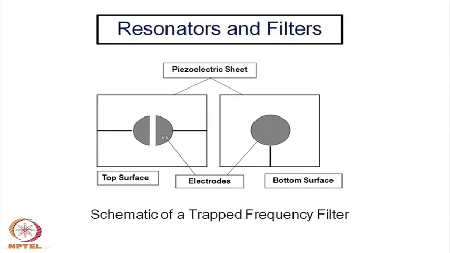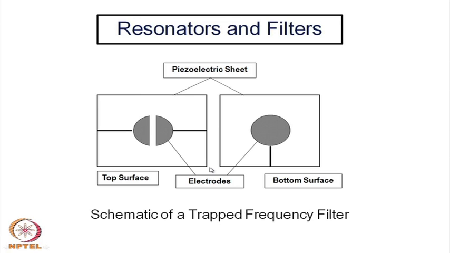Okay. So, these are conducting layers, whereas one surface is a full circle, the other surface is actually a half circle, and because of the piezoelectric coupling, one gets a very narrow bandwidth, and a particular signal is allowed to pass through. Okay. The other frequencies are not allowed to pass through, and therefore you have what they call a trapped frequency filter.